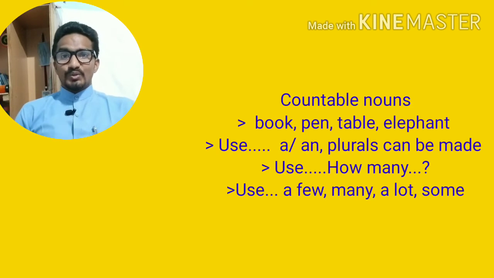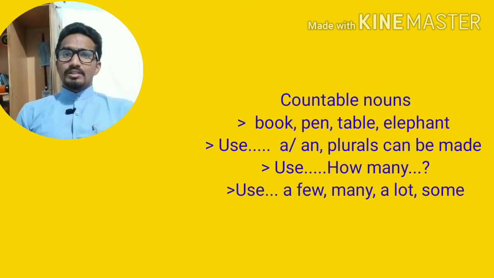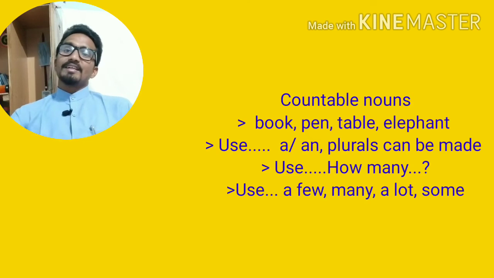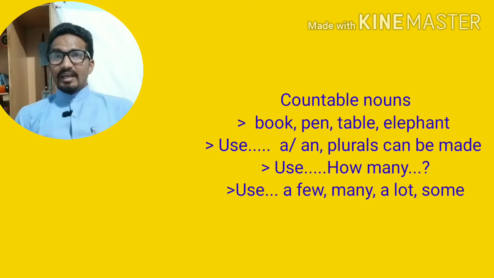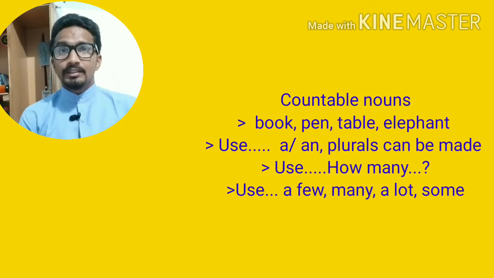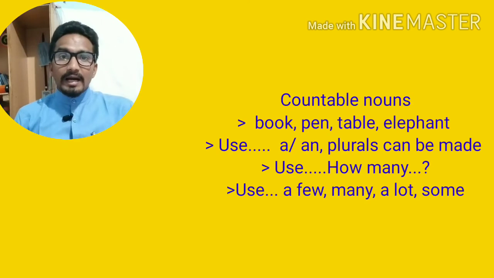There are certain things that we are going to see in countable and uncountable noun. When you are asking a question for the countable noun, we have to ask, how many books do you have? I can say I have two books. And when you are talking about uncountable noun, we can say how much.